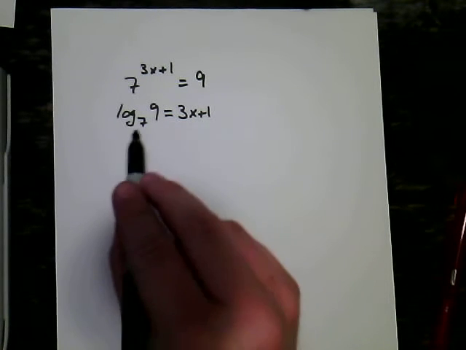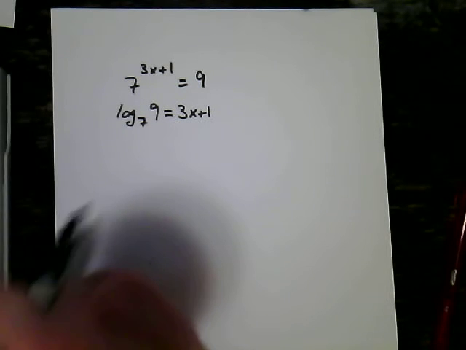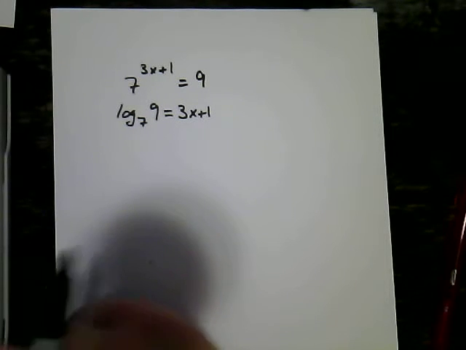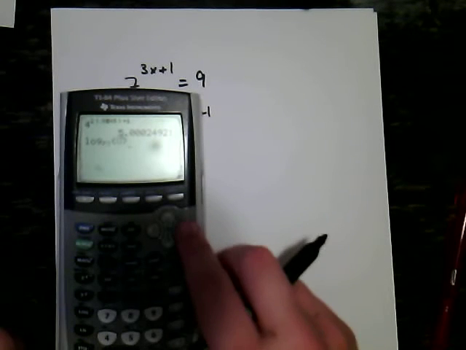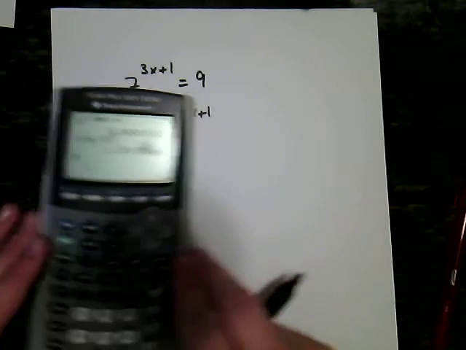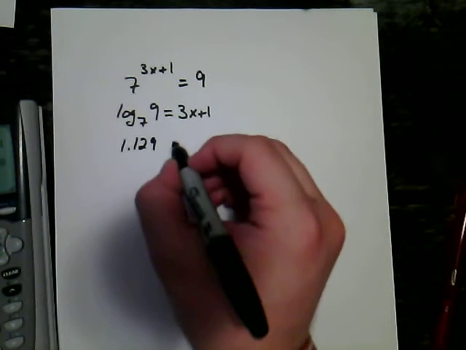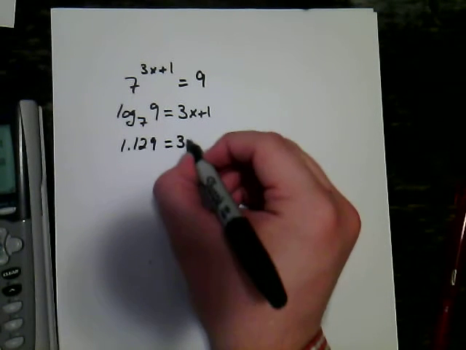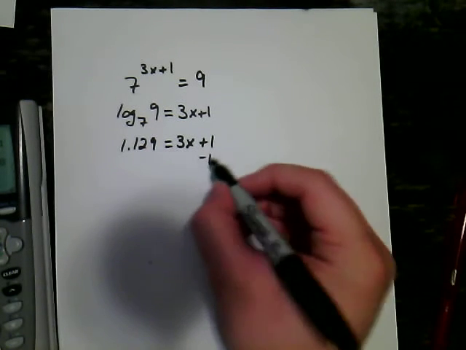So we'll put log base 7 of 9 into our calculator. Go to Math, A, log base 7, and then 9 will give us approximately 1.129. And that's equivalent to 3x plus 1. I just solved that classic two-step.